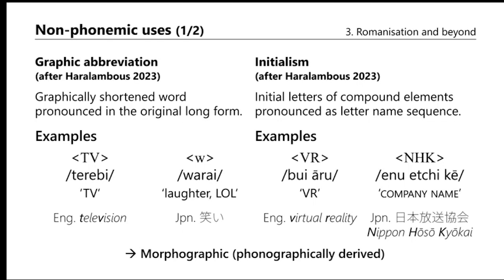The pronunciation is NHK, so the letter names in the Japanized pronunciation. So in all these examples, there is no one-to-one correspondence between grapheme and phoneme. So in my opinion, the best way to describe these things is morphographic, phonographically derived.